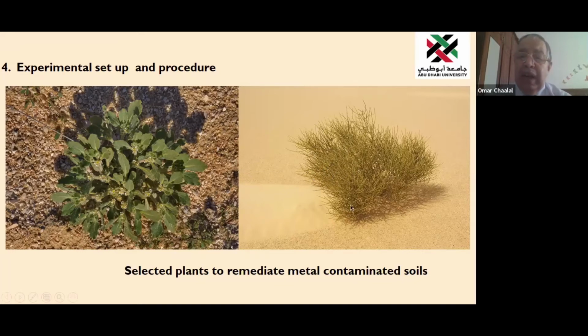And if you look at this one, I was amazed by the behavior of this plant. It's in the desert where there is no rain, but it's full of water. So I said, maybe we can use this because it's resistant to harsh climate. Maybe you can use it for something useful.